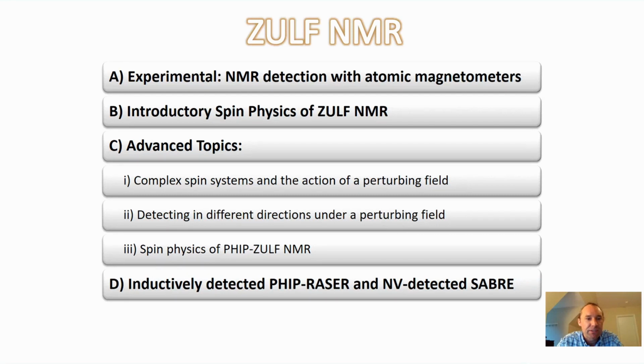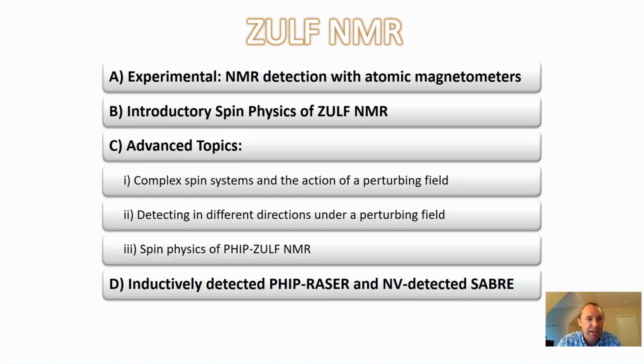Then I'm going to spend part B, after a question and answer session, on introductory spin physics to ZULF-NMR. So what are the main concepts that you should learn and be aware of in order to really be able to treat ZULF-NMR well and understand the spin physics of it. Then again, after a short question and answer session, I'm going to use those concepts and apply them in some kind of advanced topics.